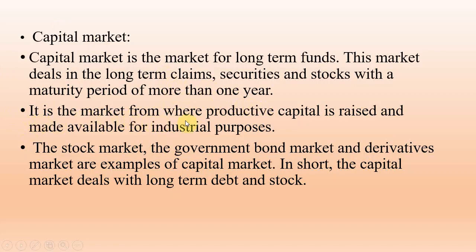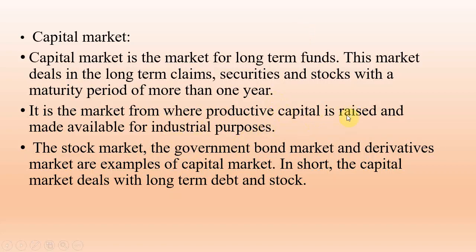It is the market from where productive capital is raised and made available for industrial purposes. Stock market, government bond market and derivative market are examples of capital market. In short, capital market deals with long-term debt and stock, and is available for industrial purposes.